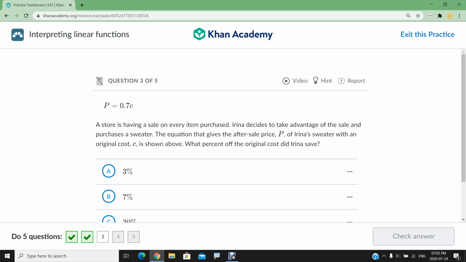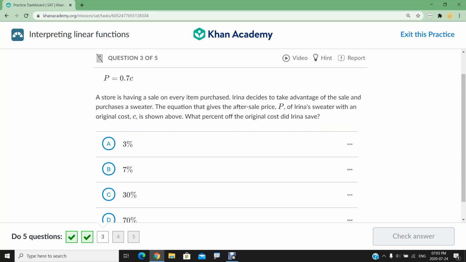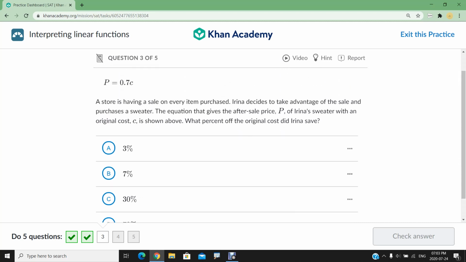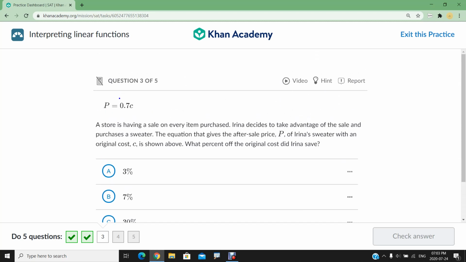So this is basically the same as the one before for the peanut butter yielded. So the 0.7 is the fraction of the original cost. She had paid 0.7. Or in other words, since all of the answers are percents, let's convert this into a percent.